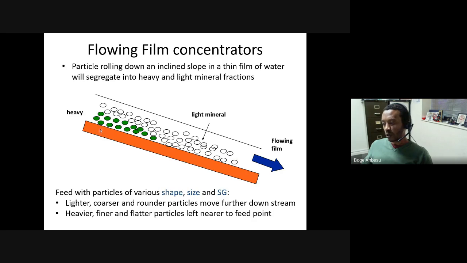If particles are small and heavy, and maybe if they're flat, then they should settle towards the bottom and segregate nicely like this. And therefore, if you have the correct separation points, you should be able to separate lights from heavy.